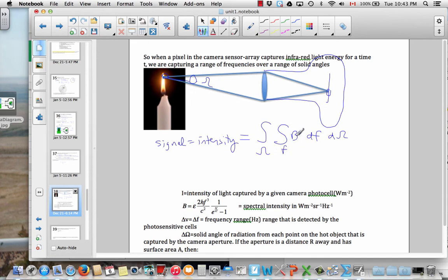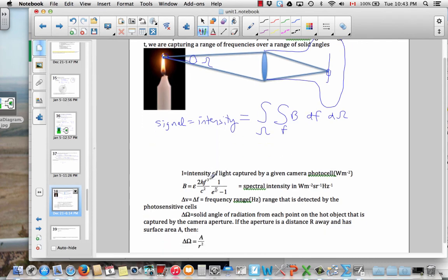We've got not just a single frequency, we've got a bunch of them, so we have to add up each little bit of energy from each frequency to get the total energy recorded by the camera. And this Planck function is per unit steradian, so each little d omega of solid angle is going to contribute some, and we need to add up over this entire cone to get the total signal, the total energy that's being absorbed by the camera.